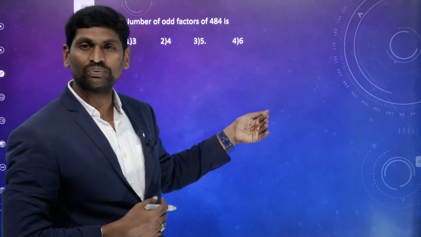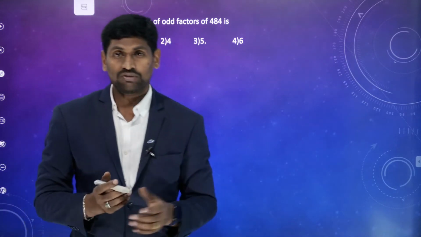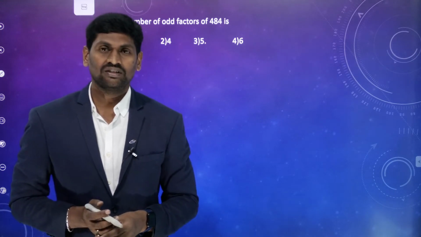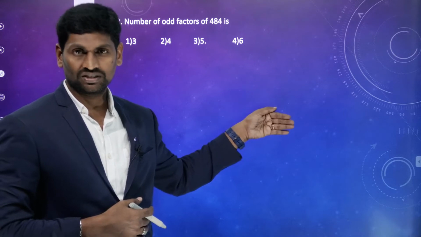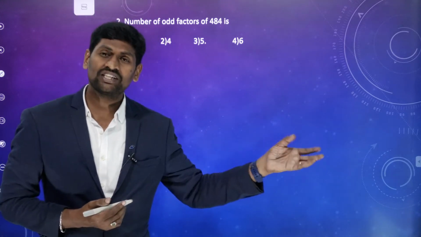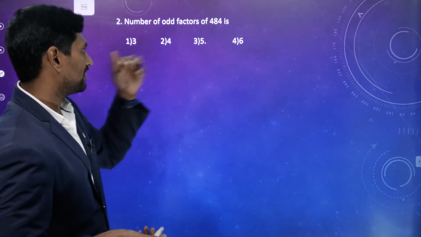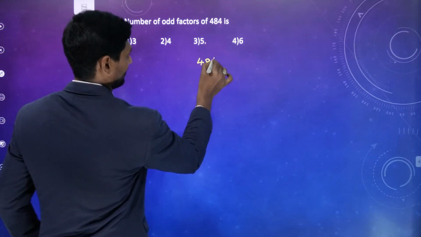For finding individually, one table, two table like that, it will take so much time, right? But we learned the formula for how to find the number of divisors. From the divisors, can we identify the even divisors and odd divisors? Yes, definitely we can identify the odd divisors. Right. How? Let us find.